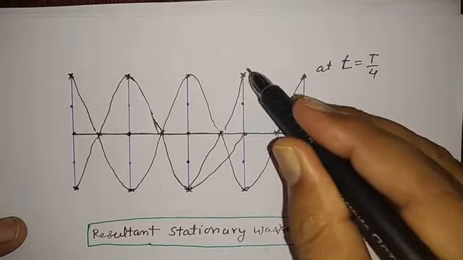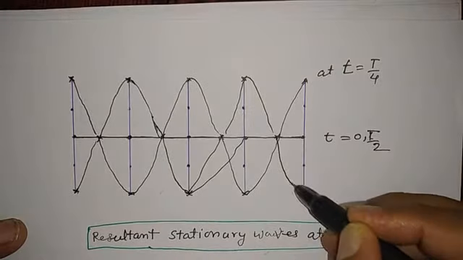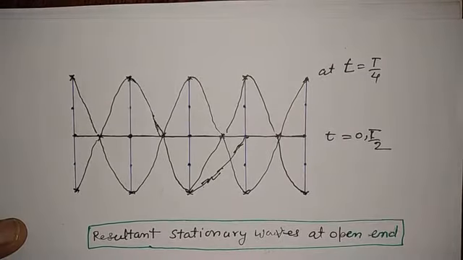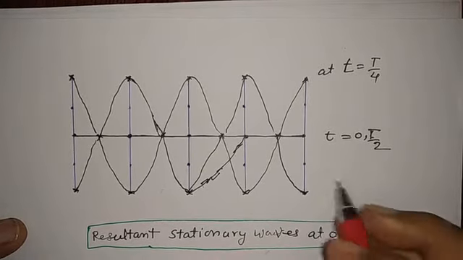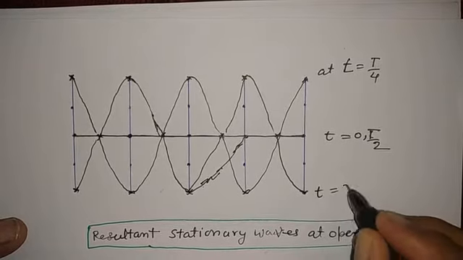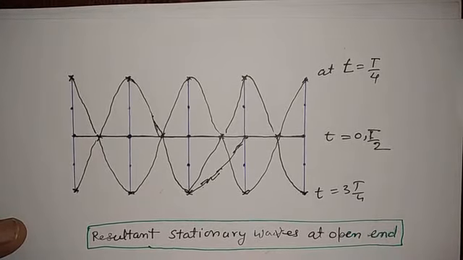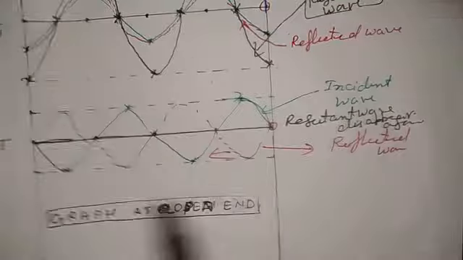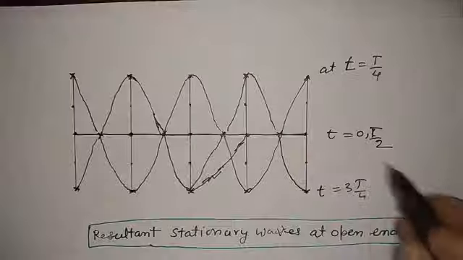So see very carefully, these situations occur when time is equal to 3t by 4. And again when t is equal to T, the wave disappears after the superposition.